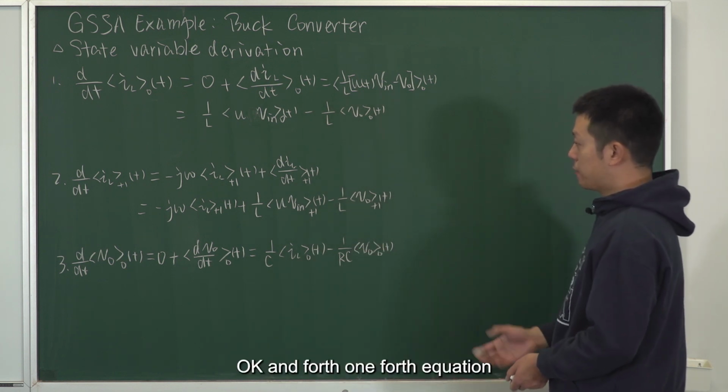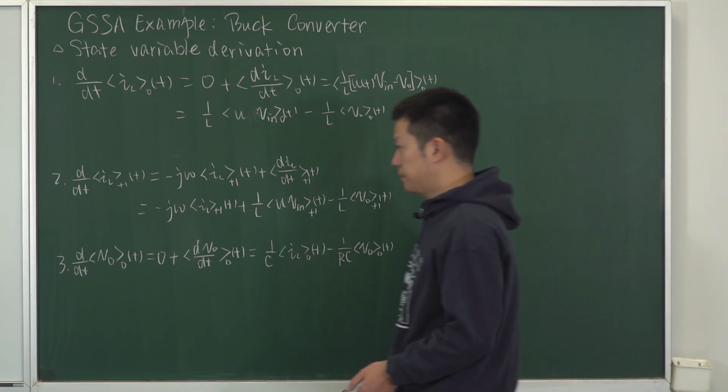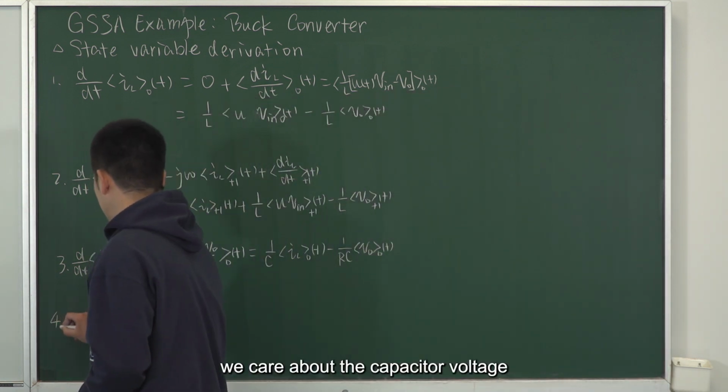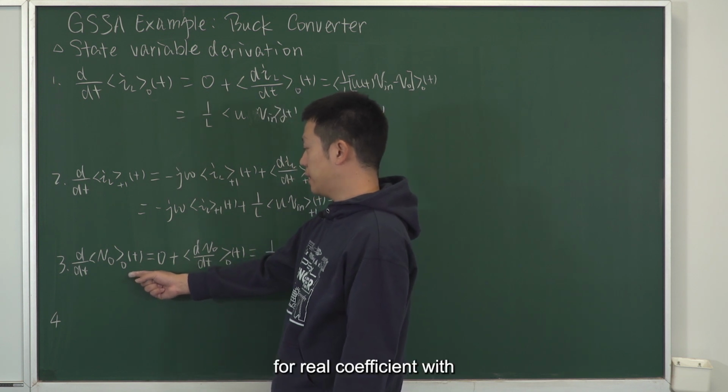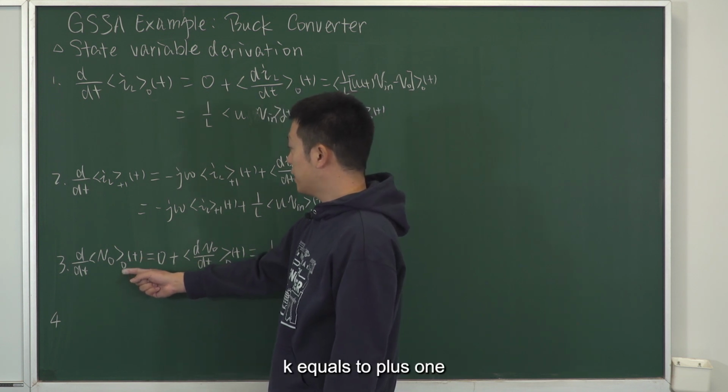Okay, and the fourth equation, we care about the capacitor voltage Fourier coefficient with k equals +1.